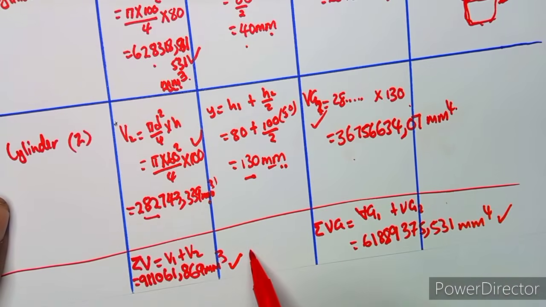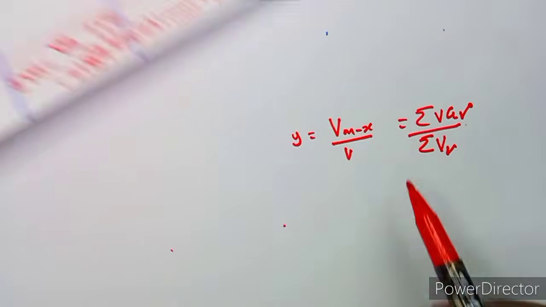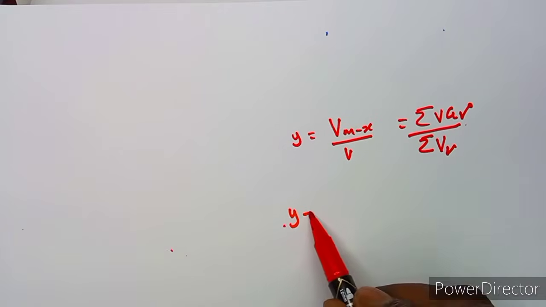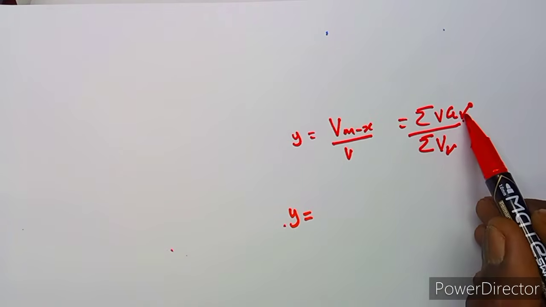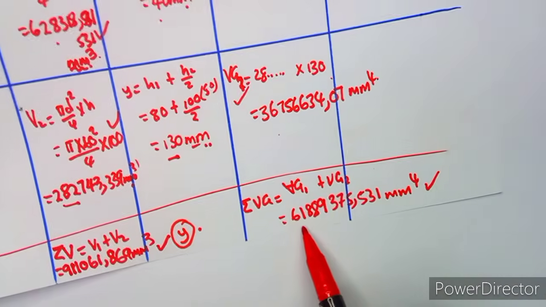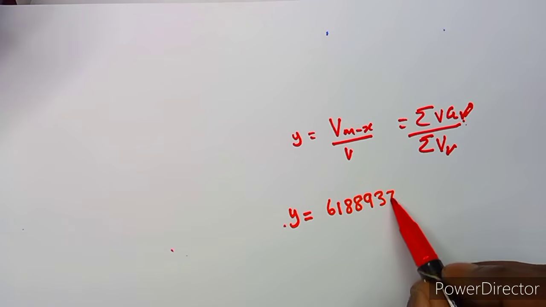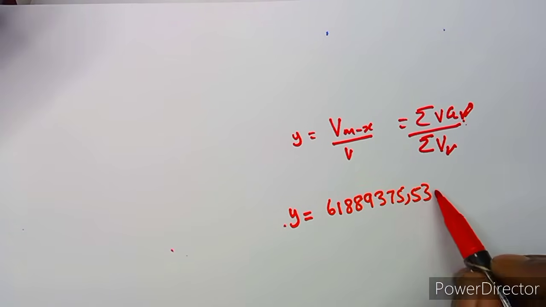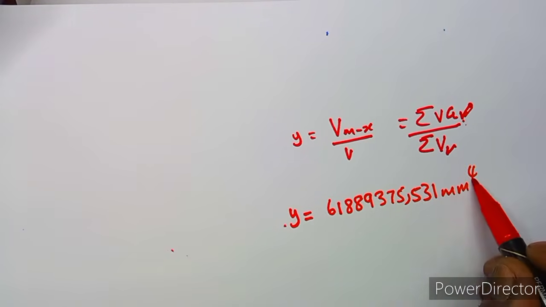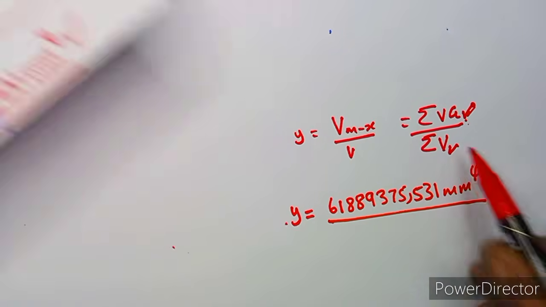This is going to give us our center of gravity, y, from this formula. Your y is going to be your total volume moment, 61889.375531 to the exponent of 4, over the total volume.